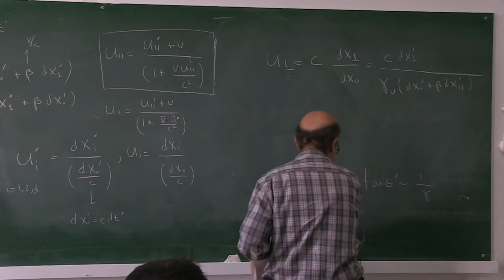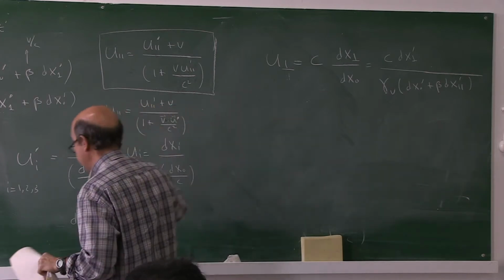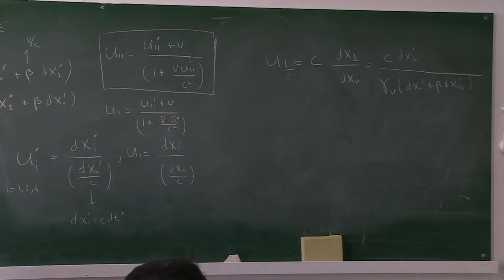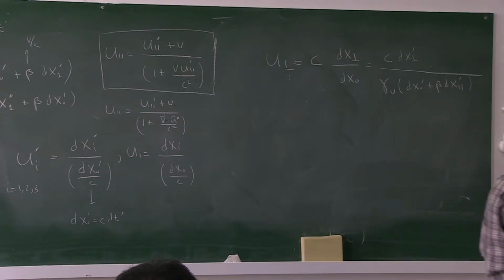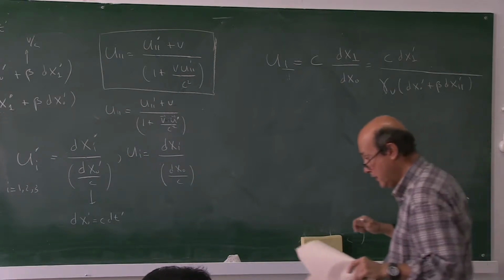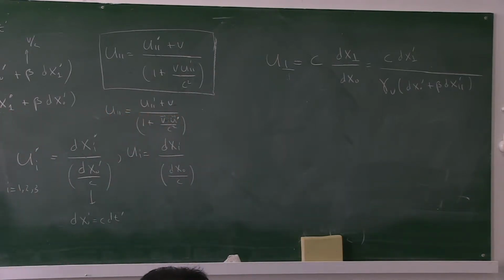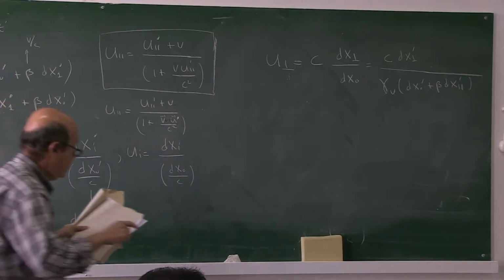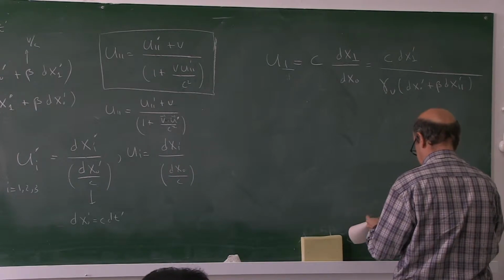If gamma is high, theta prime for the light beam goes to 0, but for the velocities, the perpendicular components go to 0 at high speeds. This is important for the derivation of the relativistic momentum and energy. I will discuss it, but I will give you the homework for it. I will do it here in an easier way in the classroom, but I will discuss how you are going to calculate.